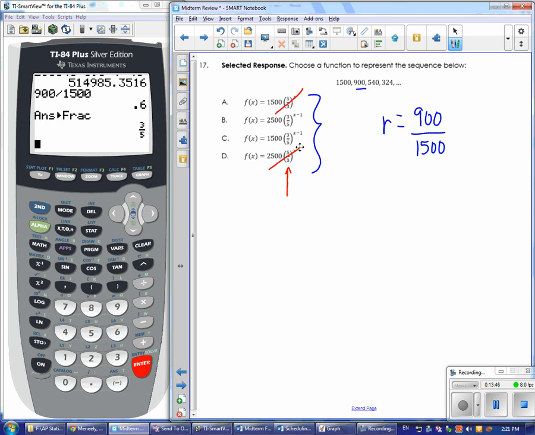So my only other options are B and C, and since both of the exponents are x minus 1, I need to identify the first term.